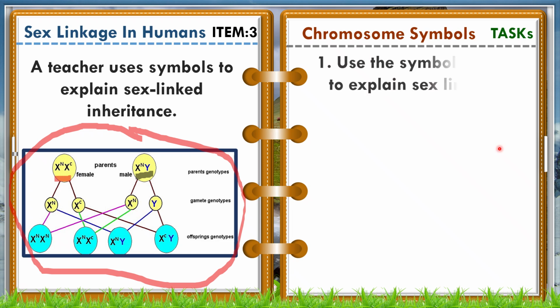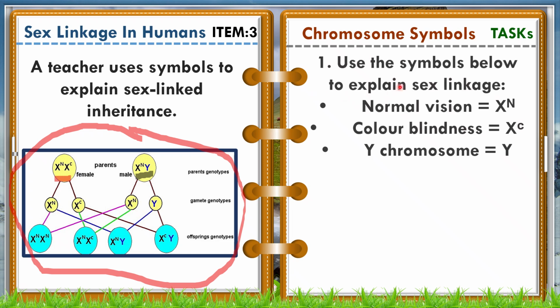Tasks: use the symbols below to explain sex linkage. Normal vision is due to normal X chromosome.